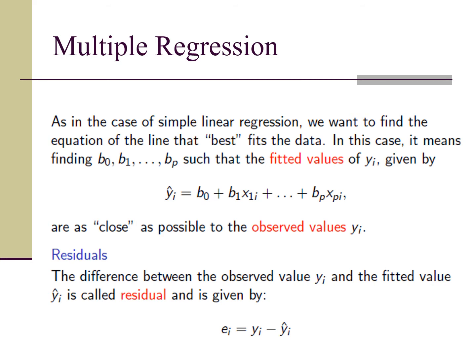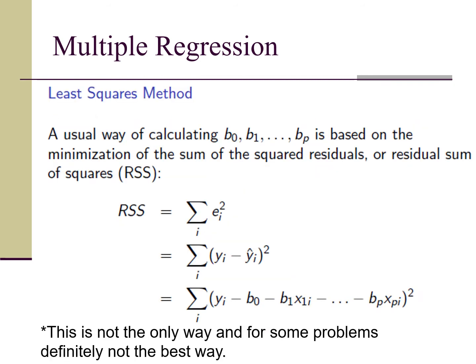And we're going to do that again by minimizing the sum of squares of the residuals, calculated just by the original value y i minus the predicted value y hat i. We're going to do this by least squares, okay?